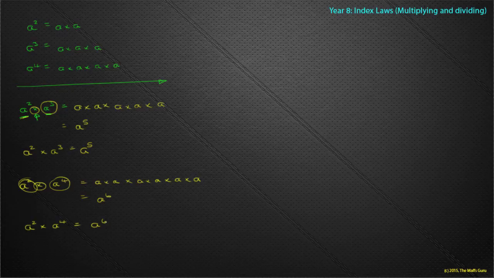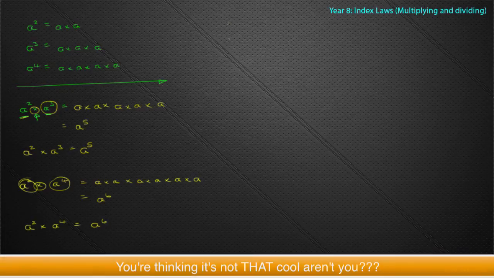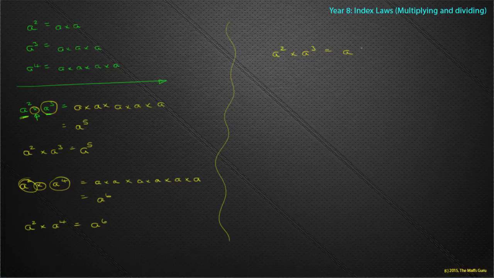Now, last video we talked about, was there something we could notice? Well, so far let's write down a to the floaty 2 times a to the floaty 3, and we decided that was a to the floaty 5. A to the floaty 2 times a to the floaty 4 must be a to the floaty 6.